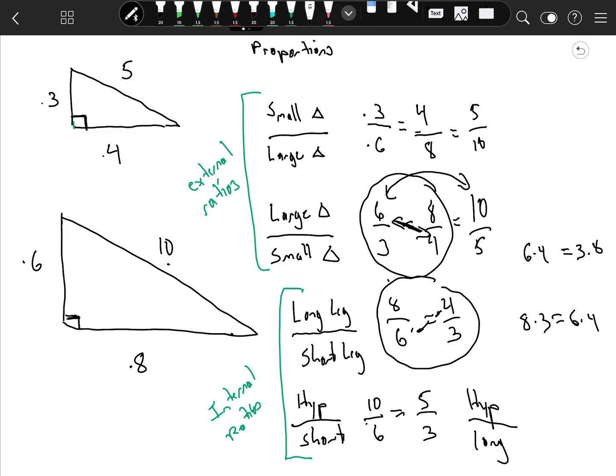You're just switching out the 6 and the 5, all you're doing. Okay, hypotenuse over long. So we got 10 over 8 equals 5 over 4. And here you're switching these last two there.